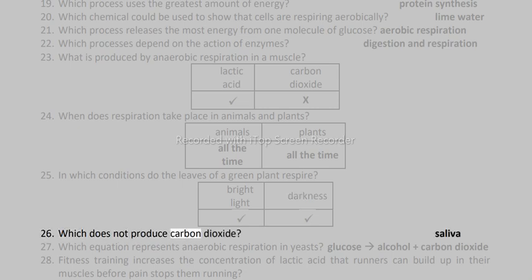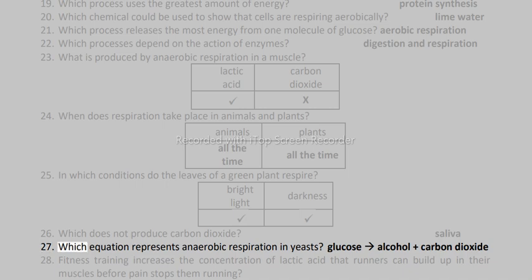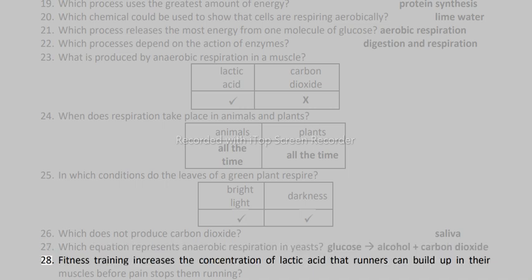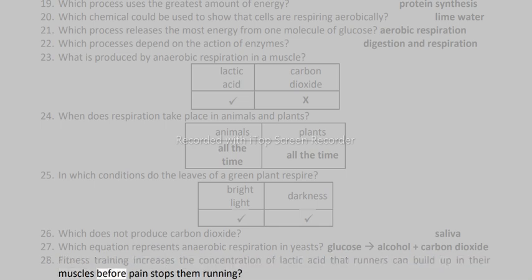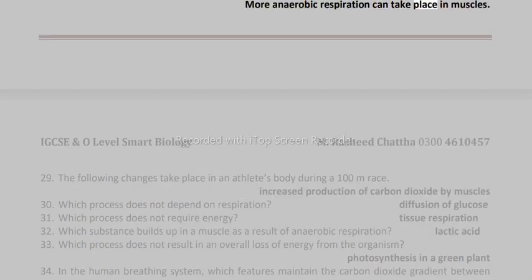Which does not produce carbon dioxide? Saliva. 27. Which equation represents anaerobic respiration in yeasts? Glucose gives alcohol plus carbon dioxide. 28. Fitness training increases the concentration of lactic acid that runners can build up in their muscles before pain stops them running. More anaerobic respiration can take place in muscles.